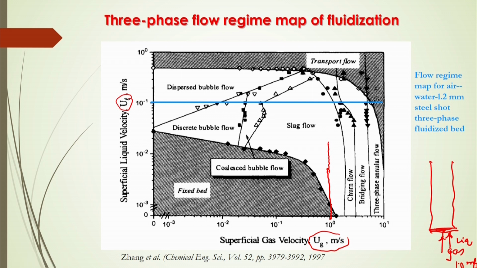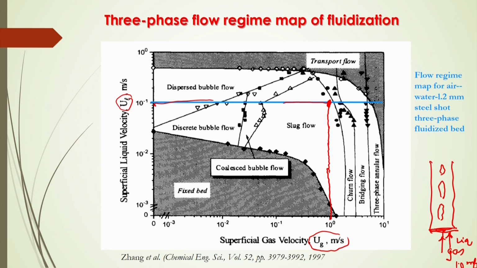Now, if you are fixing the point here at this gas velocity, then what should be the liquid velocity to be supplied in the bed at which you can get this slugging condition? Let it be here. If you are maintaining the liquid velocity inside the bed as 10 to the power minus 1, that means 0.1 meter per second, then you can have this slugging behavior inside the bed.